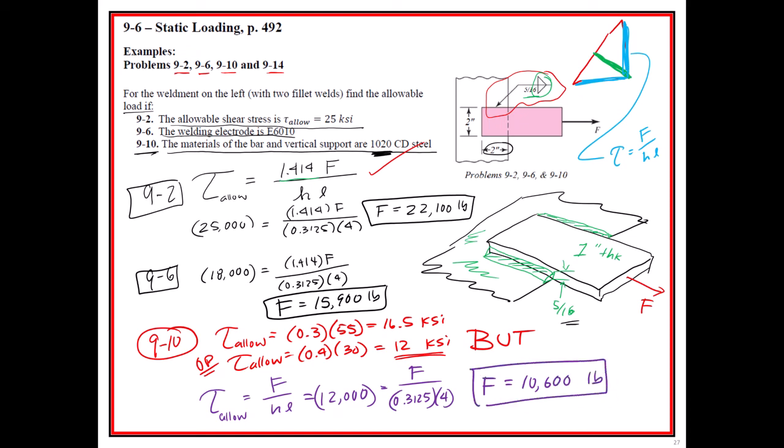So that's what we say based on the materials, right? So we could be using the 60-10 and welding it to a 1020 cold drawn steel right around the heat affected zone, right?